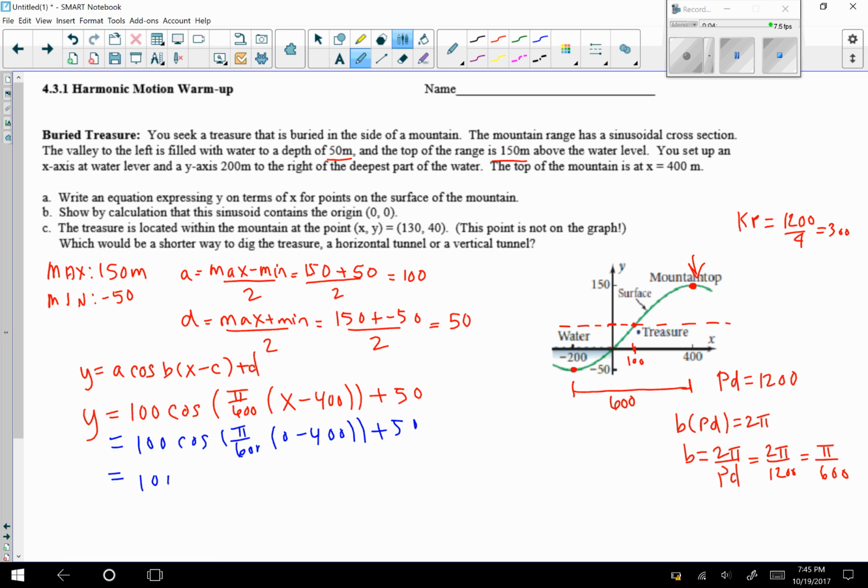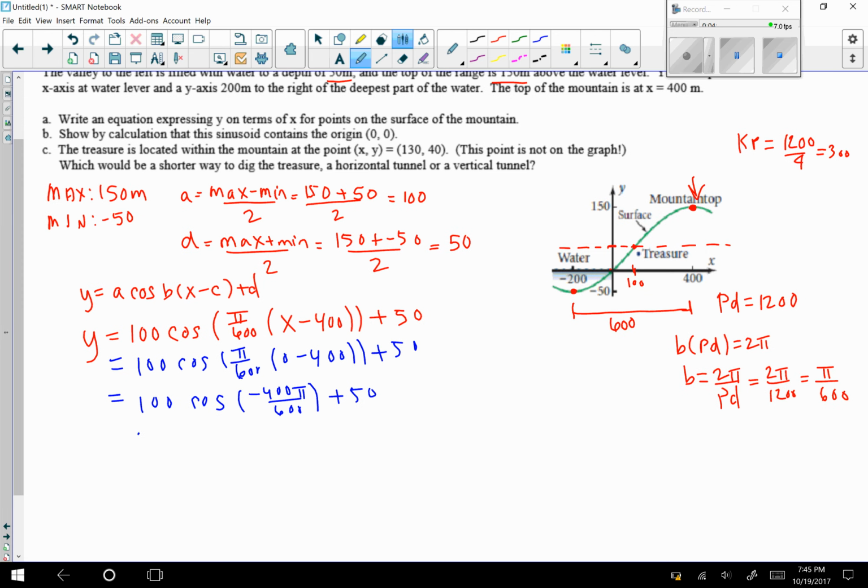So 100 times the cosine of, 0 minus 400 is just negative 400, times pi over 600, plus 50. Of course, those zeros would cancel out, so it's really negative 4 over 6, which is negative 2/3.